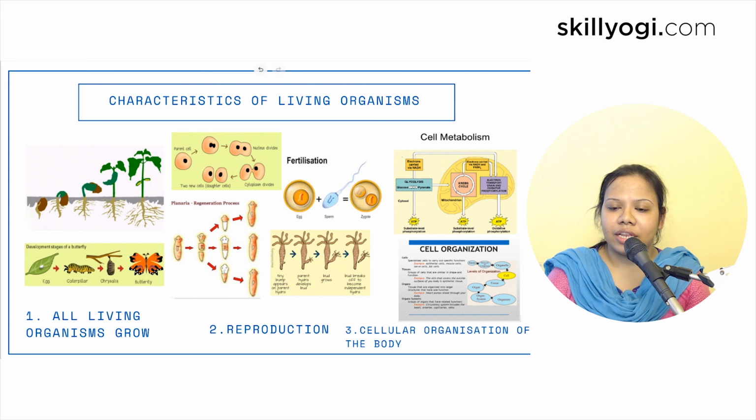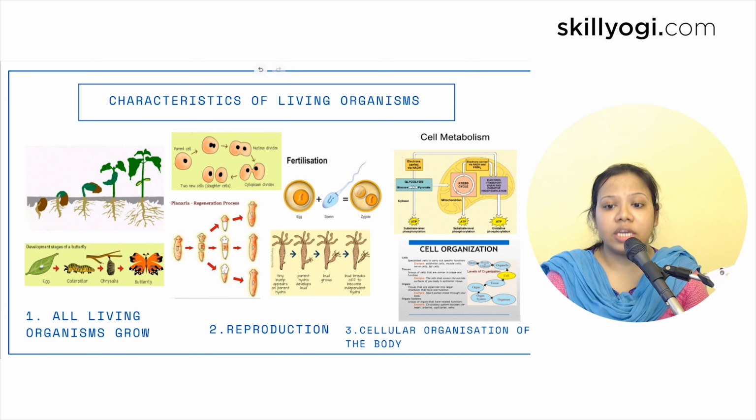The second and most important characteristic of living organisms is reproduction. The word reproduction comes from two words. First one, re, which means again, and production means creation.